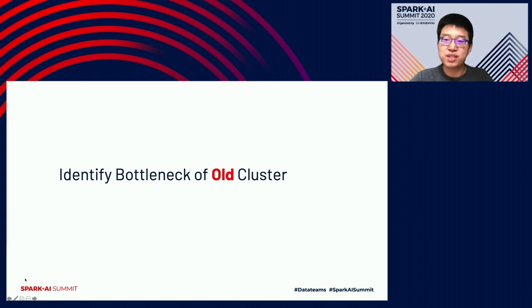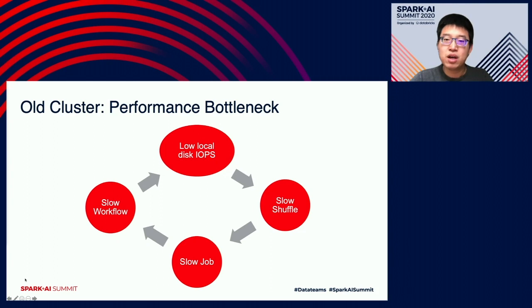So the first thing we did was to identify the performance bottleneck of our old cluster. We took a data-driven process to find the bottleneck of our cluster by looking through all the dashboard metrics we had, both internally and externally. We identified that the system-wide performance bottleneck for our cluster is local disk I/O.